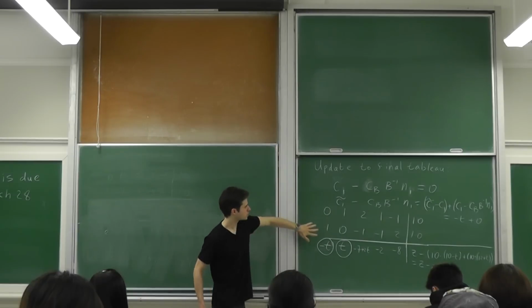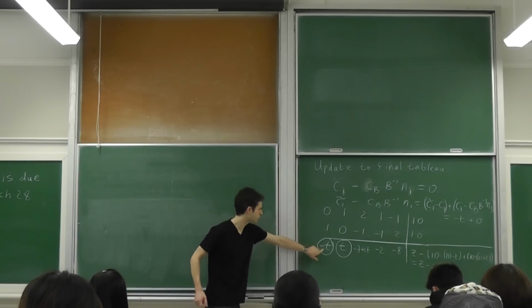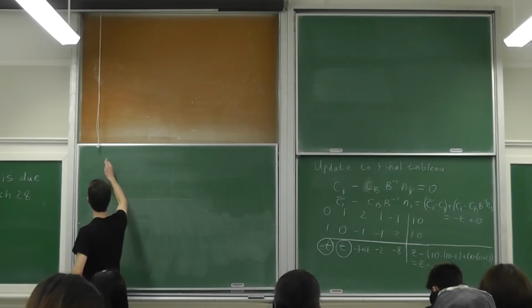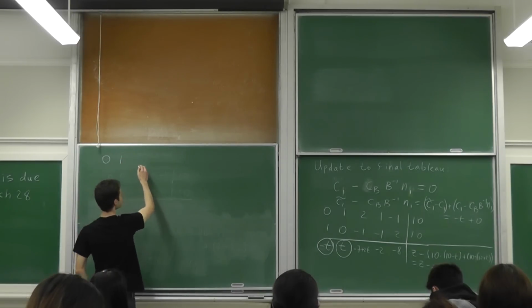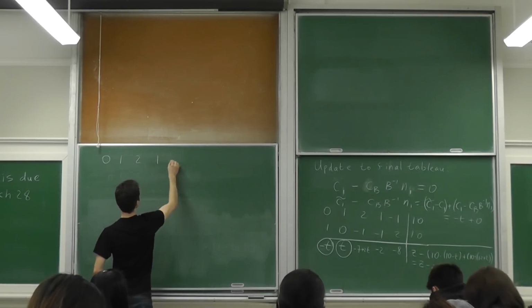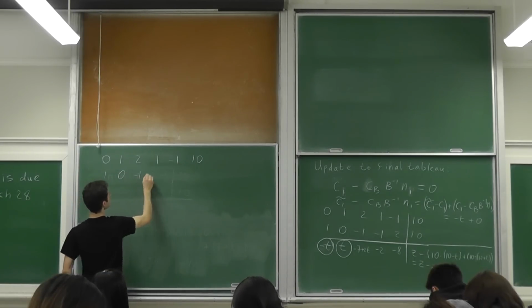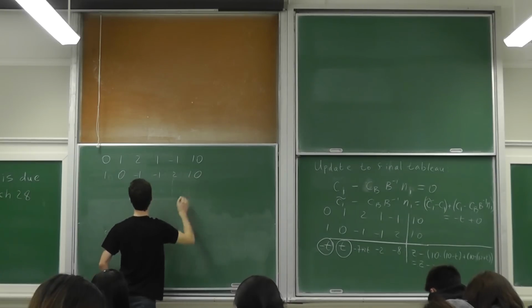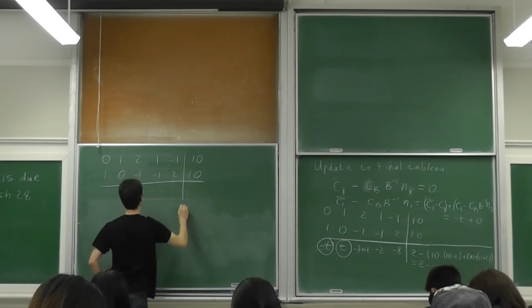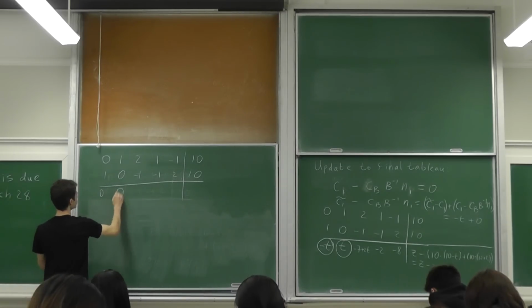Alright, so we have this table. Let's make this coefficient 0. Once again, I'll copy all the other numbers. 1, 0, 10. Here I will get 0 and 0.